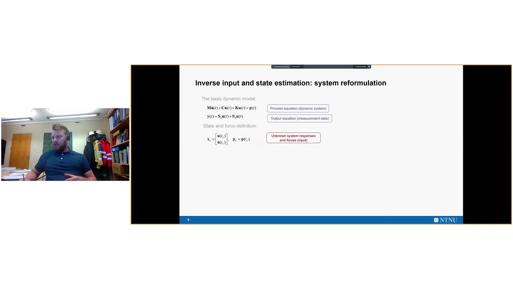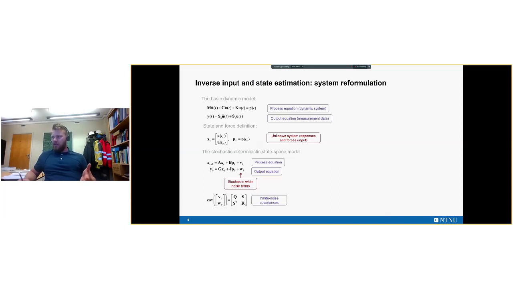And to get this problem on a mathematical form that we can apply later, we now make a redefinition. So we make a so-called state vector x, where we collect displacements and velocities. And in addition, we define the force vector, which is the unknown system forces. And without going through the mathematical details, we're able to redefine our dynamical system on state space form.